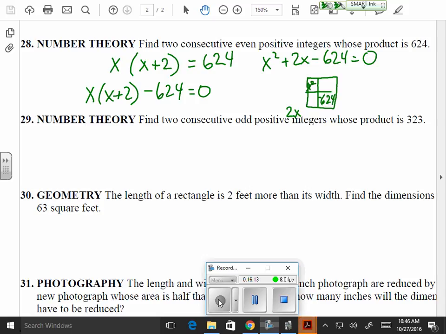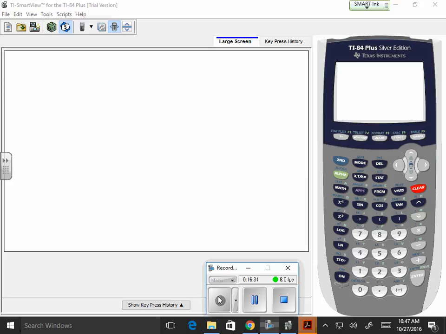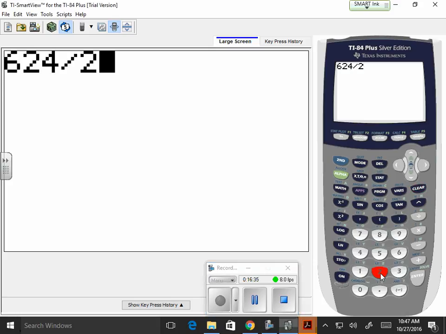So let's explore the factors of 624. I need two numbers that multiply together to give me negative 624, and they add together to give me 2. So let's experiment on our calculator. 624 divided by 2 is 312. Okay?